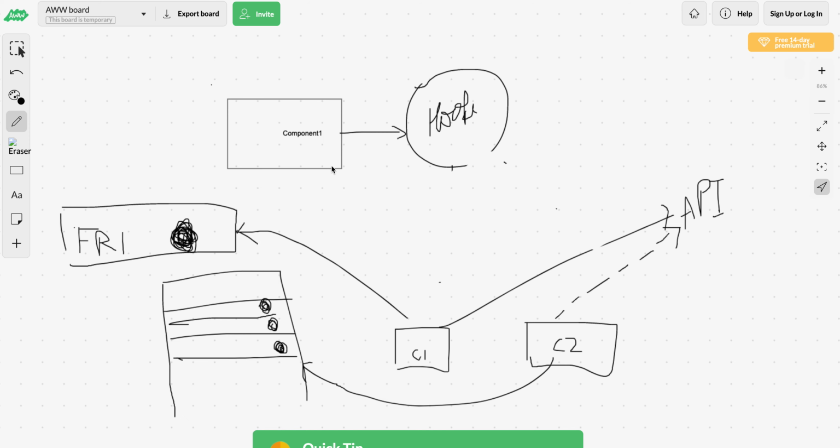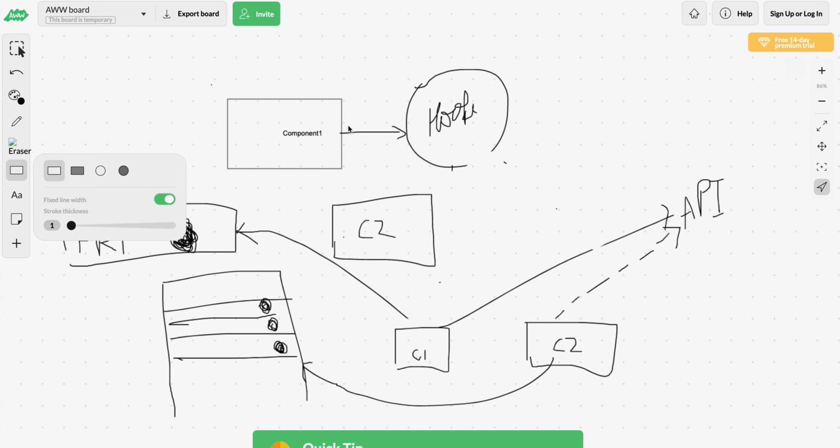So there are two components, and let's say there is another component C2, which is the component I'm talking about over here. Component 1 is directly referring to React hooks. What if we change that? What if we remove this link?